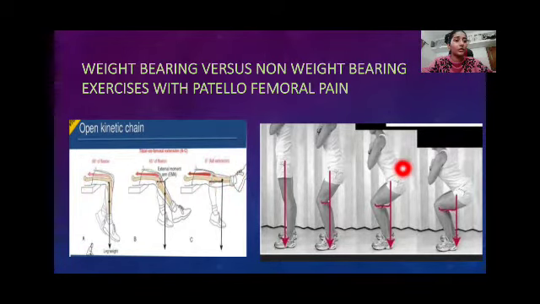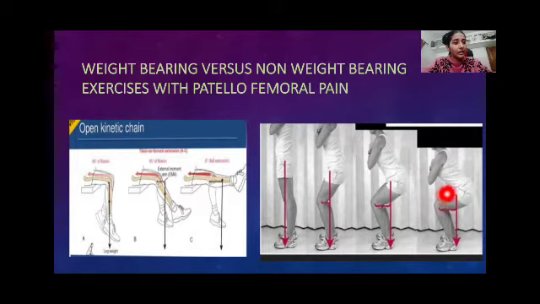But in contrast, in the closed kinetic chain, as in squatting, normally you are standing, then as you go to squat, in the initial squat, you can see the body weight acting posteriorly and the moment is low. Then we go on flexing, moving down to mid squat, and the moment increases a bit more, and when you go to the deep squat, the moment is more and more increased and the body weight is acting more posteriorly as you proceed from left to right.